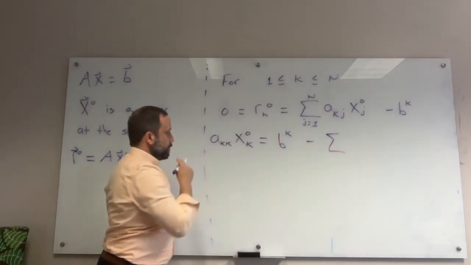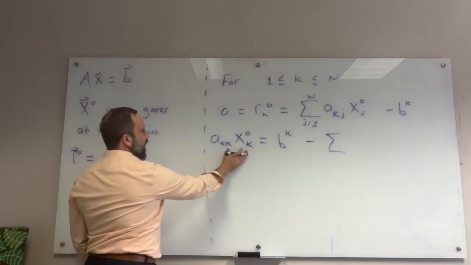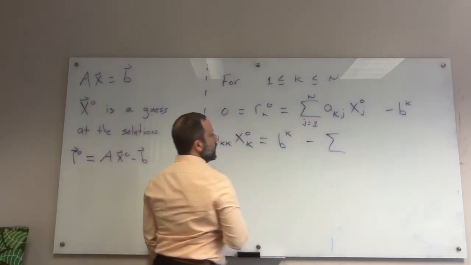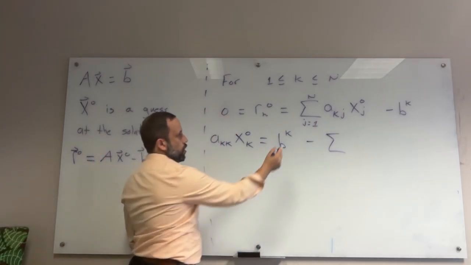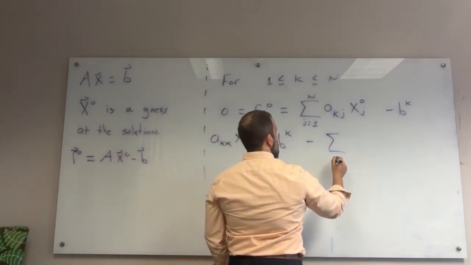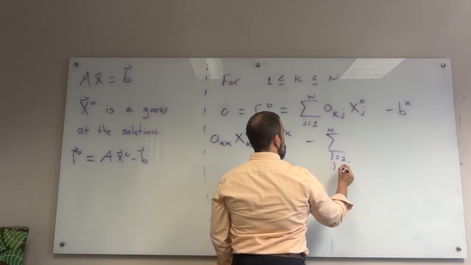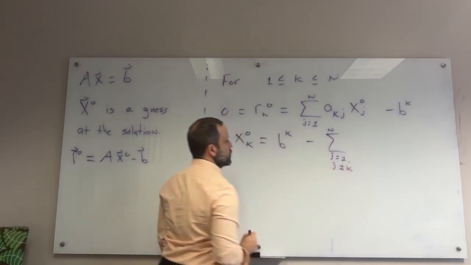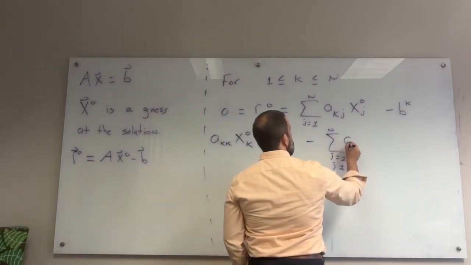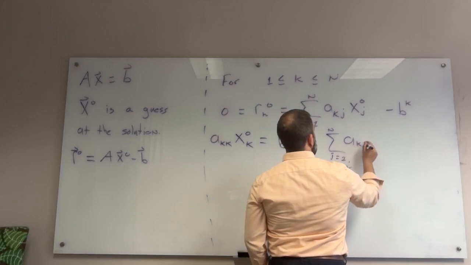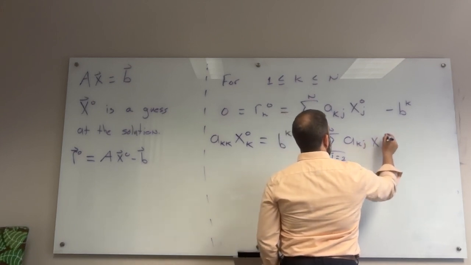I moved the x_k over here, so this sum no longer includes the term where j is equal to k. So we're going to have j equals 1 to n, where j doesn't equal k, of a_kj x_j0.